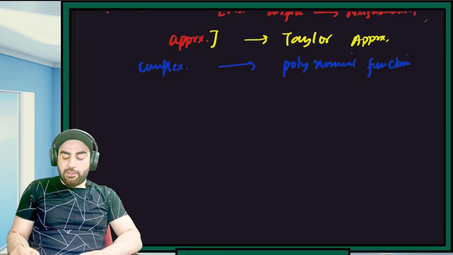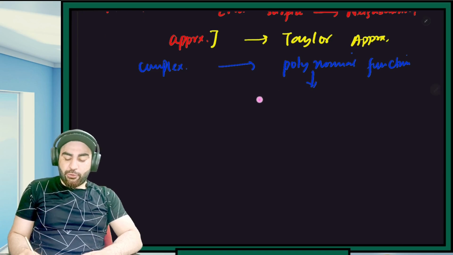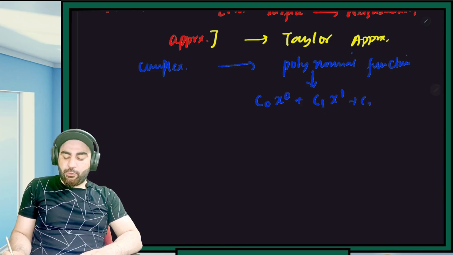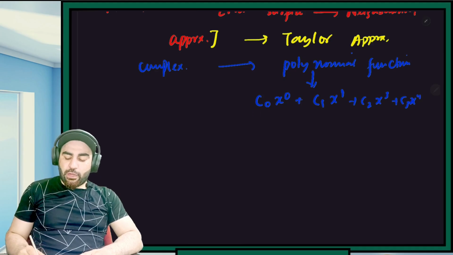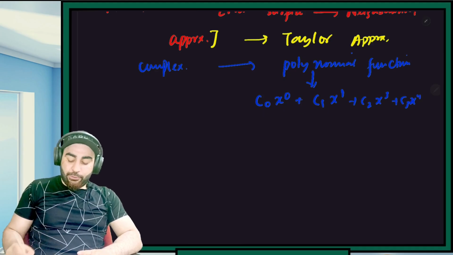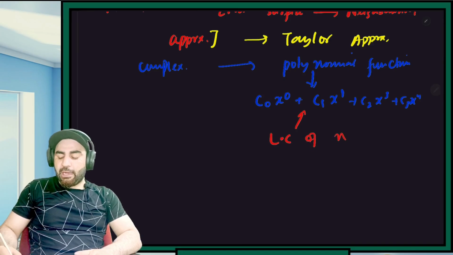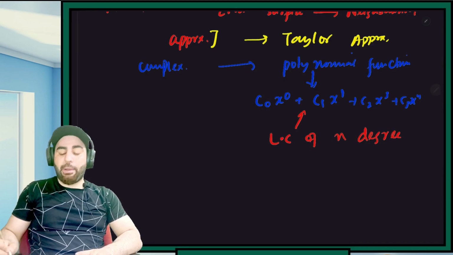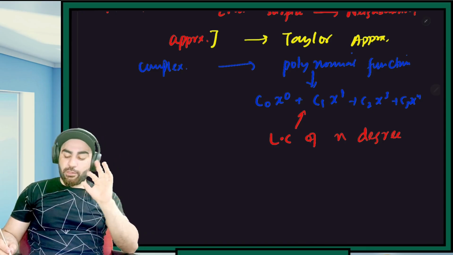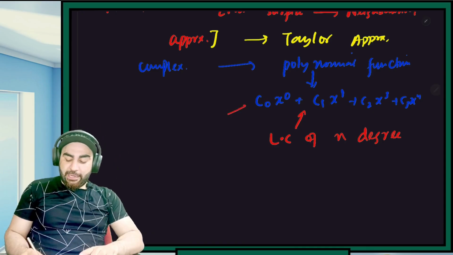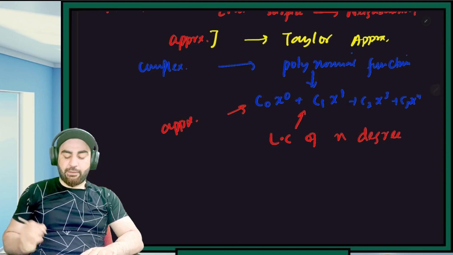You can take a linear combination of these, let's suppose c0 x^0 plus c1 x^1 plus c2 x^2 plus c3 x^3 plus c4 x^4, and so on. You take a linear combination of n degree polynomials, starting from degree 0, 1, 2, 3, and with this you can approximate any function.